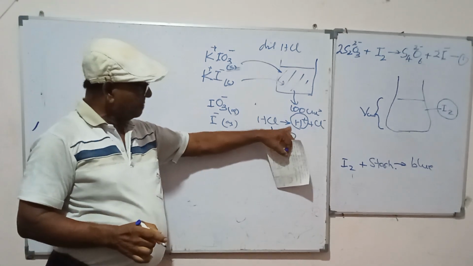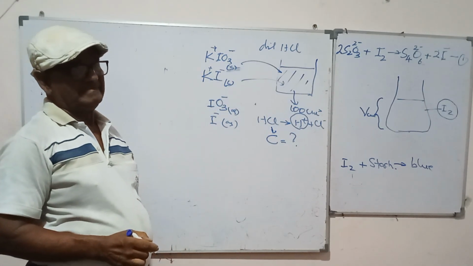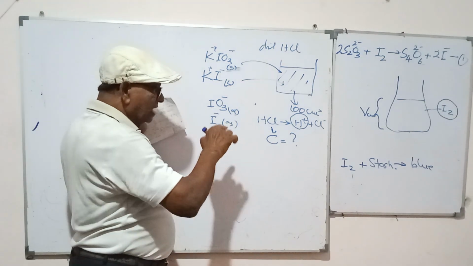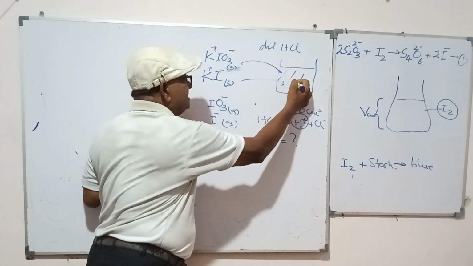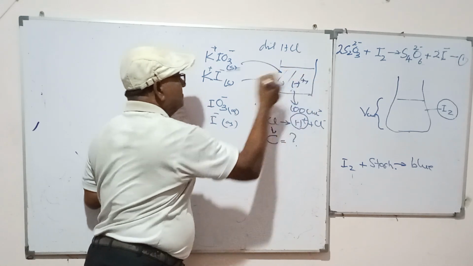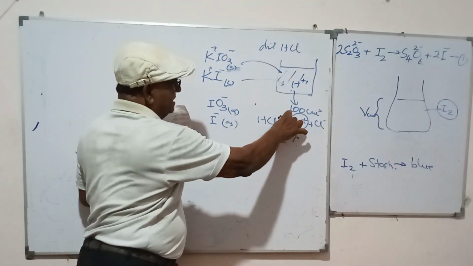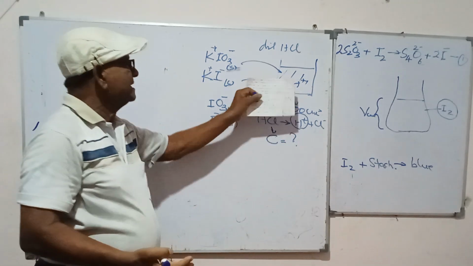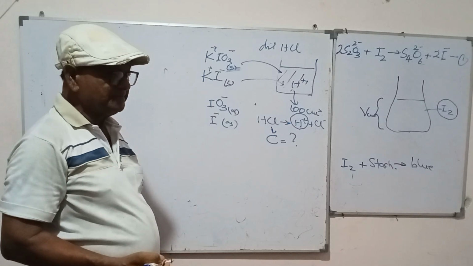H plus was supplied by the HCl. Now we are going to find out the number of moles of H plus in this solution. If we know the number of moles of H plus, the volume is known, or we can take any volume, so we can calculate the concentration of HCl solution.